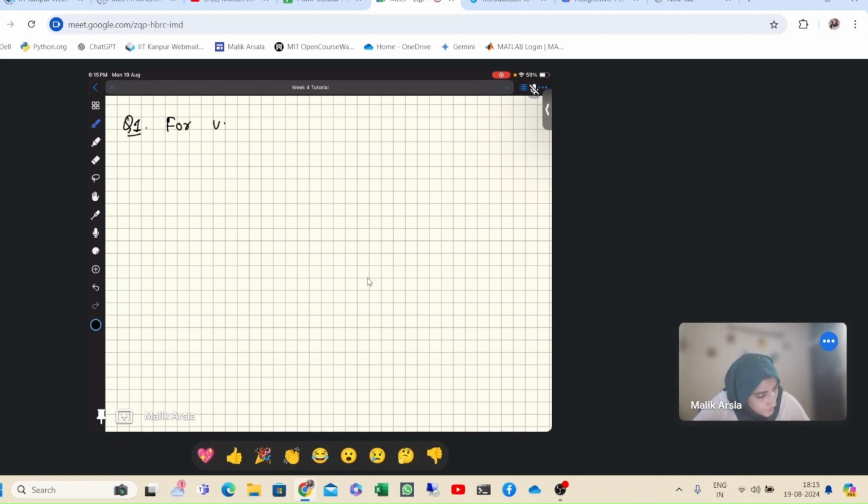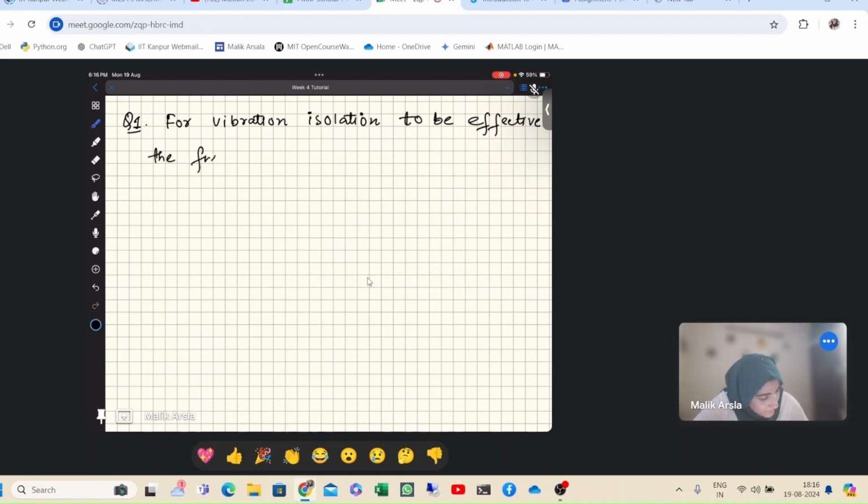For vibration isolation to be effective, the frequency ratio omega by omega n should be. So tell me what will omega by omega n be equal to.